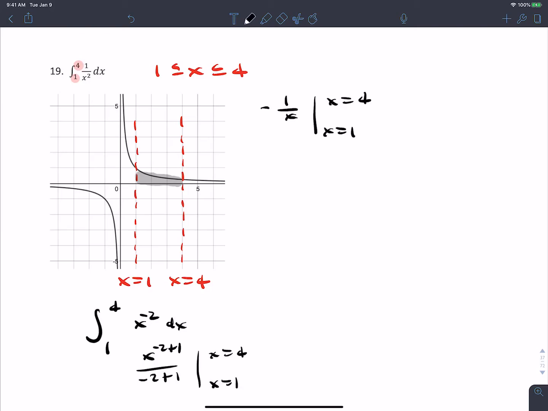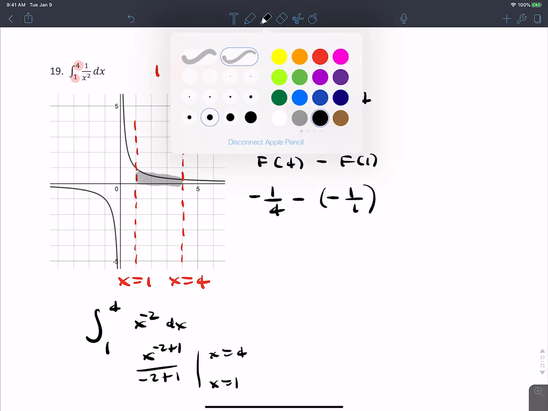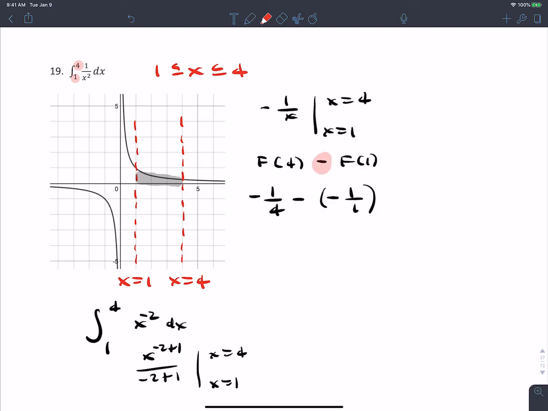Yeah. So we have to find F of 4 minus F of 1, and that's big F, meaning negative 1/4 minus a negative 1 over 1. So let's look at the details because we don't want to make a mistake in our arithmetic. Okay, and let's make sure that negative is there as well. So we're going to go through all that.